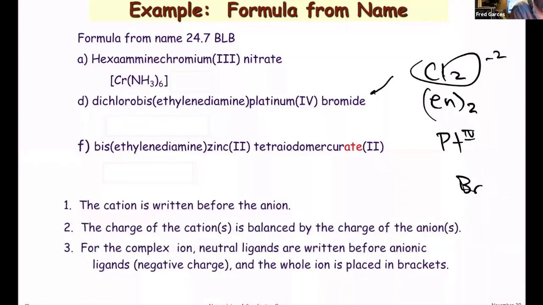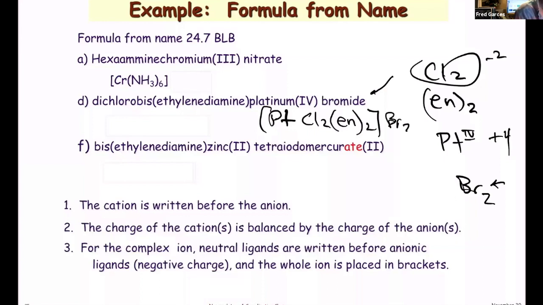To counterbalance the +4, you've got to have two bromides, so it's Br2. This would be written as Pt, remember alphabetical order, C before E, Cl2, en2, bracket, Br2.